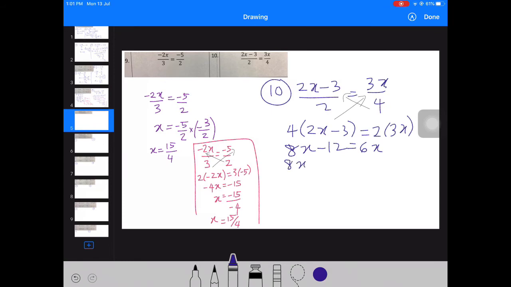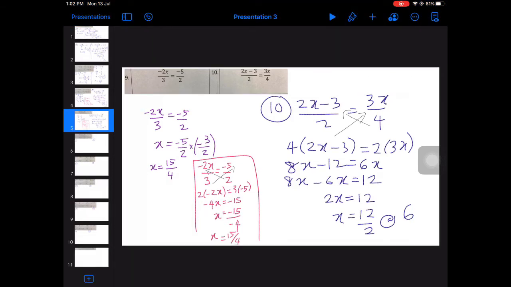So 8x minus 6x equals to, we bring this minus 12 to the right, it becomes positive 12. So 8 minus 6 is 2x equals to 12, then x equals to 12 divide 2 is 6. Okay, x equals to 6. Okay, that's for number 10.